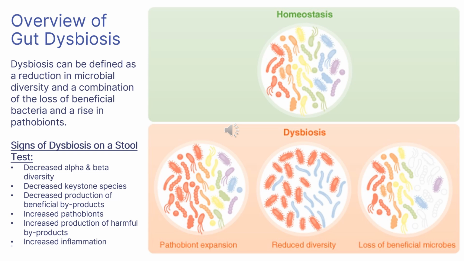You may also see decreased protective keystone species, a decrease in the production of beneficial byproducts like vitamins and short-chain fatty acids. And you may also see an increase in the presence of pathogens and an increase in the production of harmful byproducts like histamine, phenols, polyamines, and many others. And then, of course, in general, you may also see an increase in inflammatory markers as well.